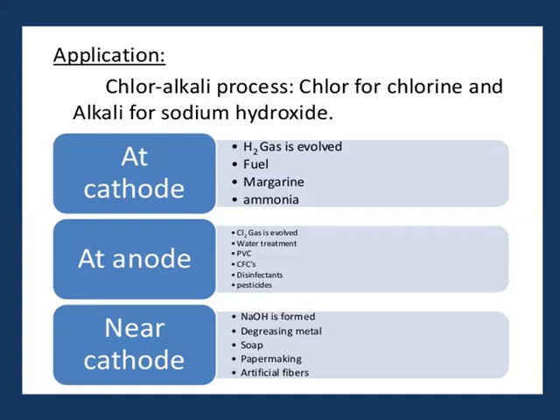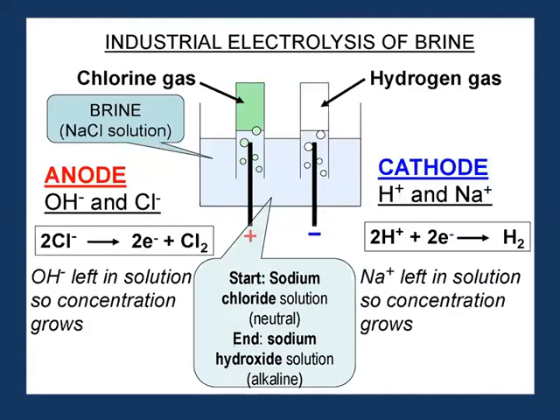Chlorine gas, which is evolved at anode, is used in water treatment, production of polyvinyl chloride pipes, PVC pipes, CFCs, disinfectants, pesticides, etc. Sodium hydroxide is formed near cathode, which is used in degreasing metal, making of soaps, paper making, artificial fibers, etc.